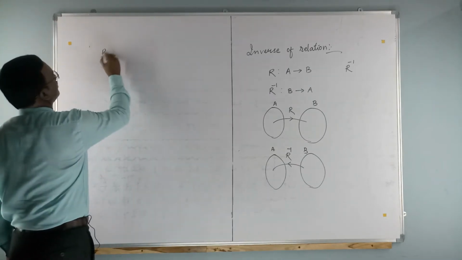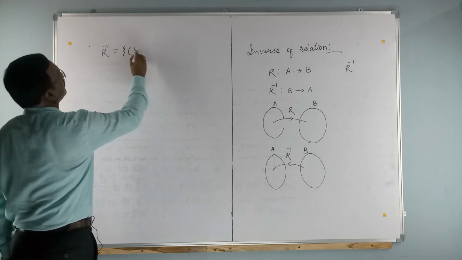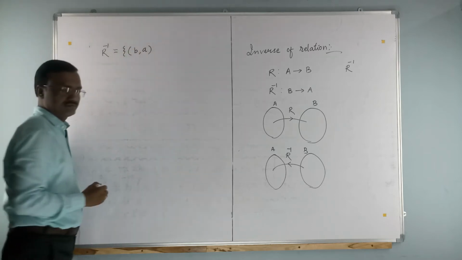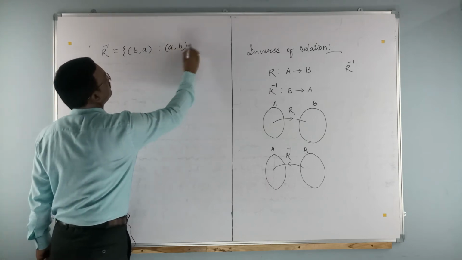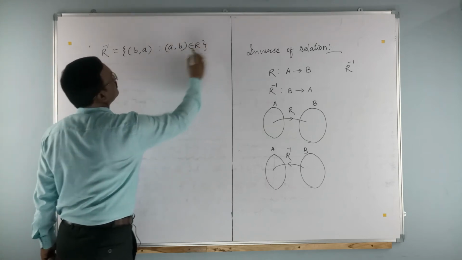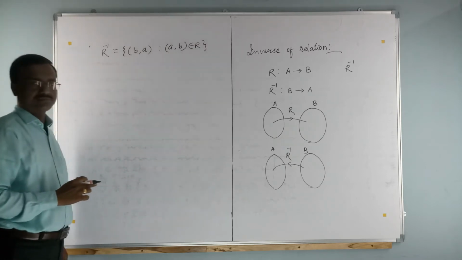So R inverse is the set of all (b, a) such that (a, b) belongs to R. So this is the actual relation and this is the inverse.